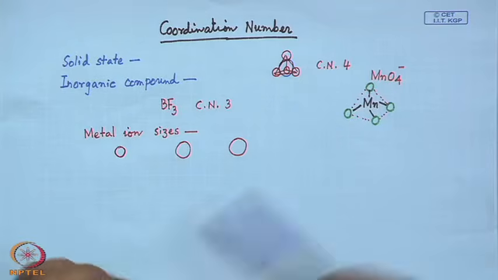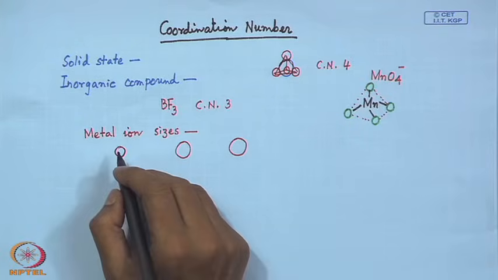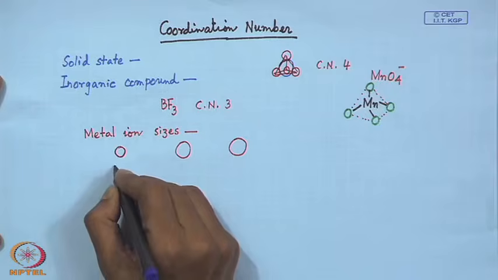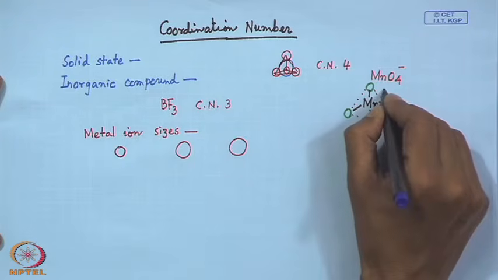So, what we immediately consider can be manganese in the +7 oxidation state.